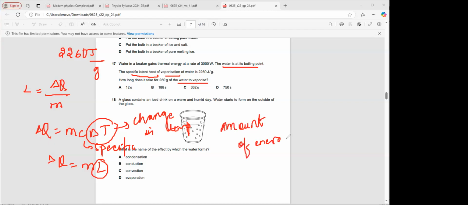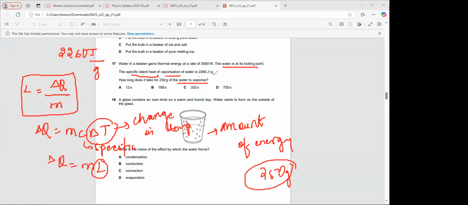At least do this step. I'm just giving you a hint. Find the amount of energy to vaporize 50 gram of water. Tell me this. Use this formula. Everything is given here. Now tell me first what is the amount of energy coming. Then we'll calculate the time, using power is equal to energy by time.